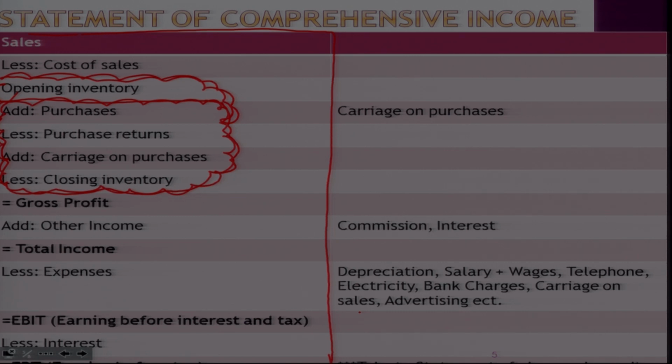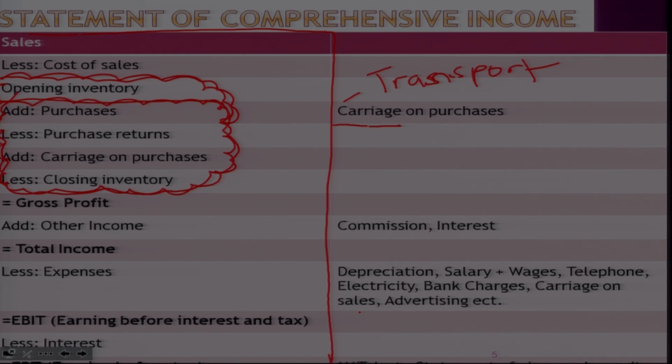Guys, know this. Know how to calculate cost of sales. It's always opening inventory plus purchases. Now you need to remember, carriage on purchases is just another word for transport. Okay, now if you buy something, let's say what you are buying cost you 2,000 Rand, right?